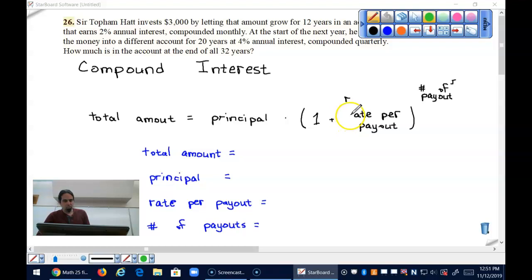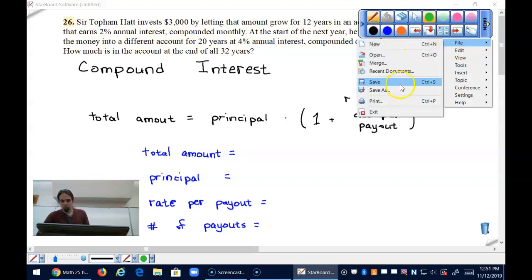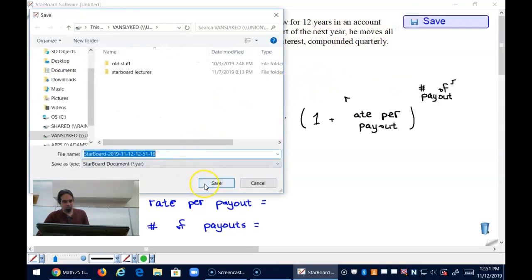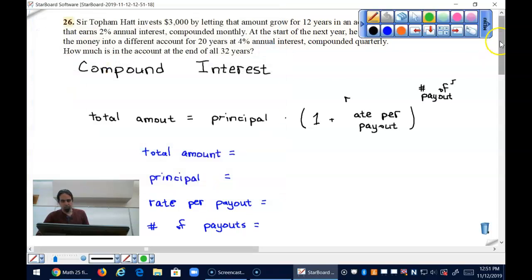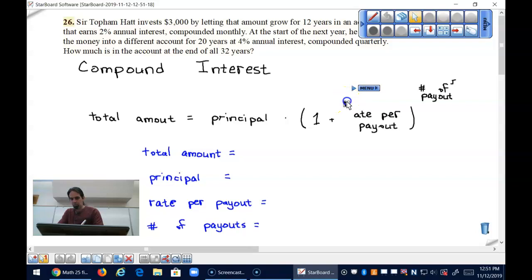We just lost that slide. That's terrible. Okay, well, I'm going to save it just in case that happens again. I'm not sure why my little R is floating. And we needed an N in amounts.